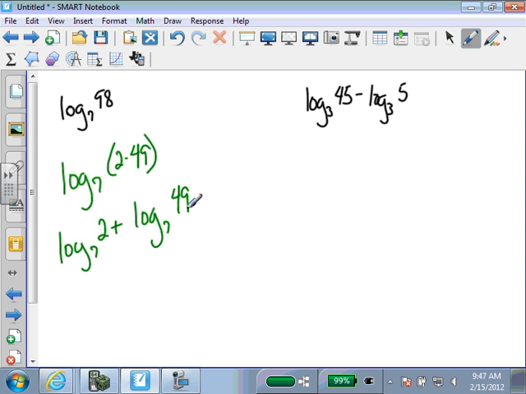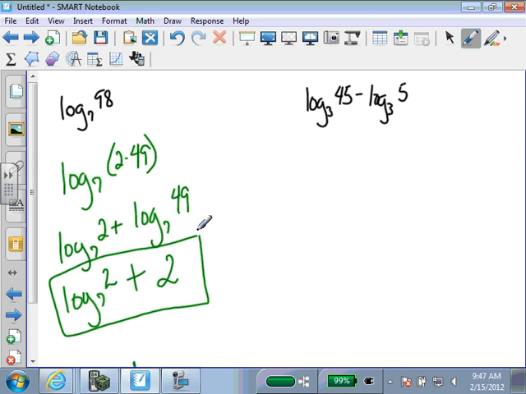And why would I want log base 7 of 49? Well, log base 7 of 49 is 2. So I have made this better. The only part I don't know is log base 7 of 2.